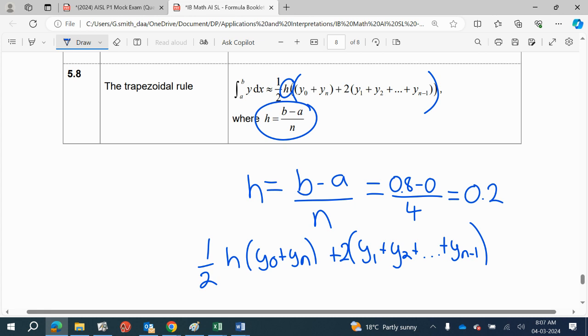A lot of you do this, which means that only these first 2 terms are getting multiplied by a half H. This is the most common mistake that I see.